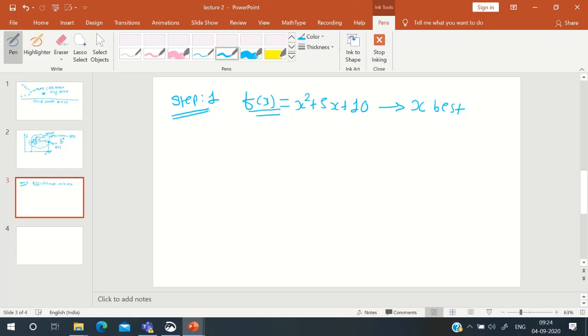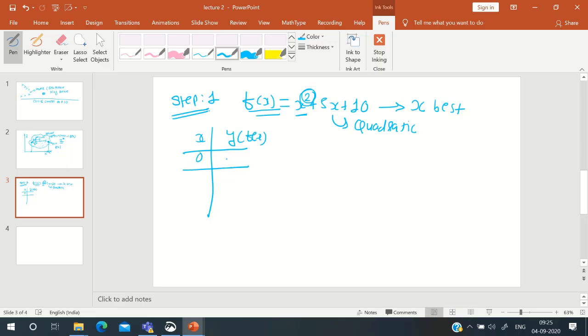So see, this is a quadratic function because this function consists of x square, right? So if you take different values of x, and if you find the corresponding values of f of x, that is equal to y, right?